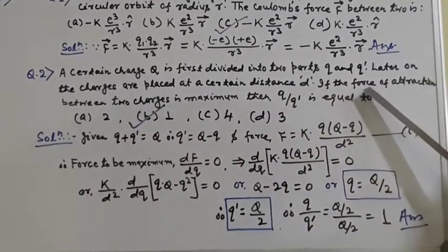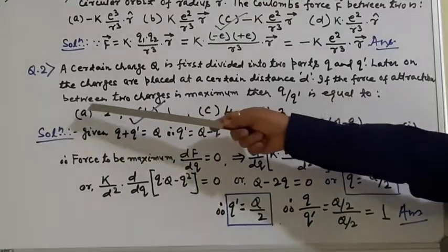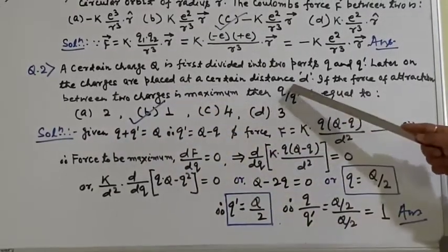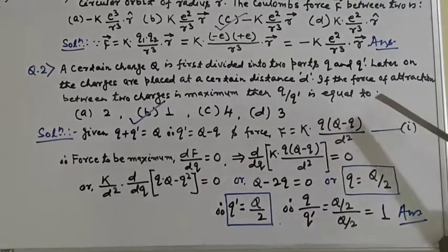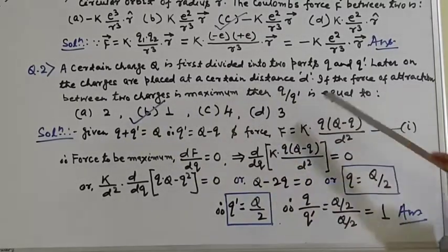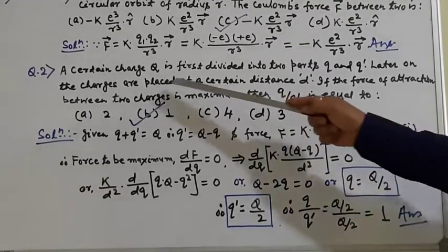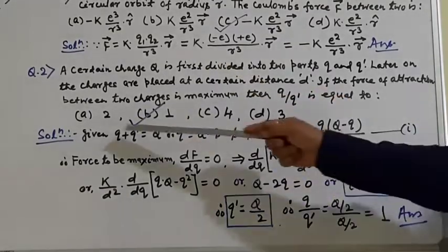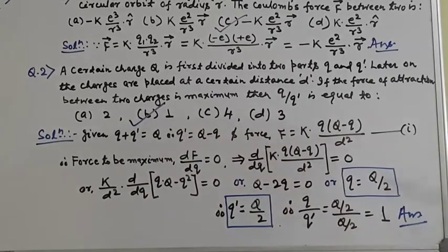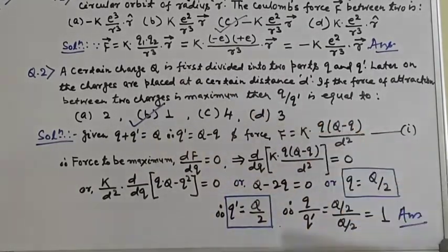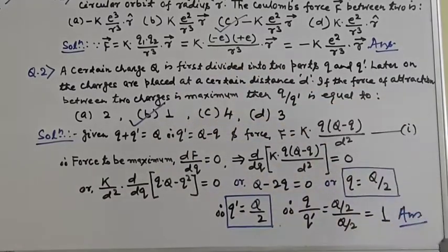If the force of attraction between the two charges is maximum, then find the value of q by q dash. The 4 answers are given for q by q dash. This q and q dash are the charges when it is divided from capital Q. Answers are 2, 1, 4, 3. Already answer 1 is given. I have tick marked. How this one answer will come, we will find out.